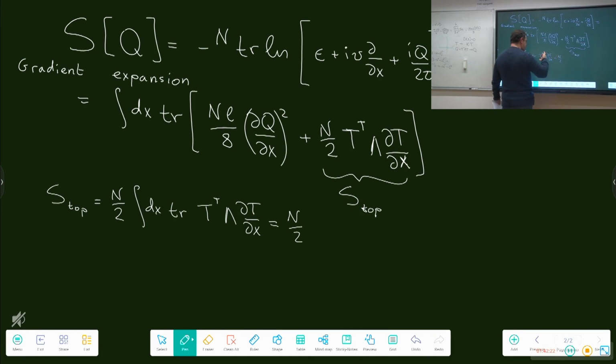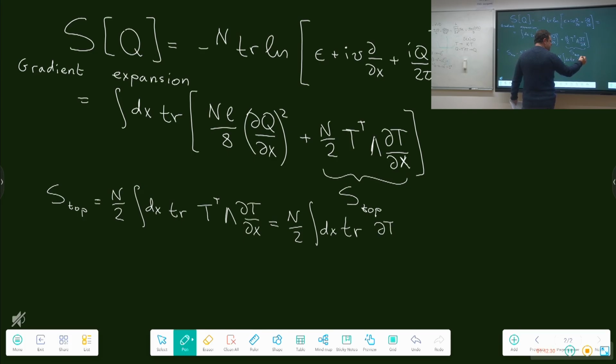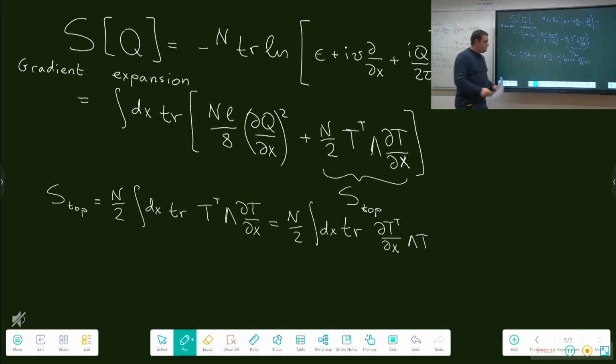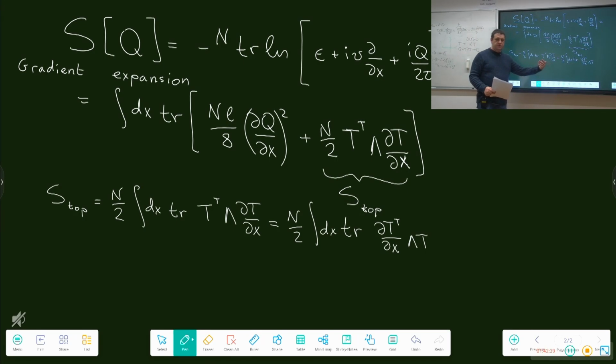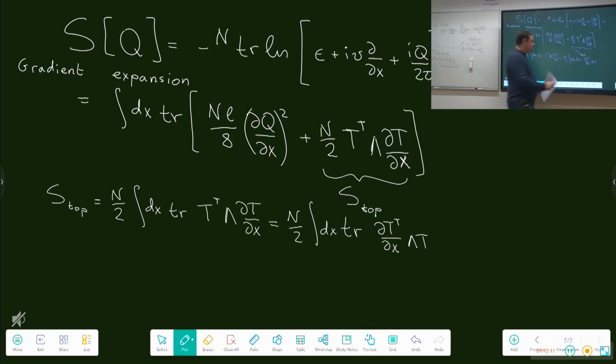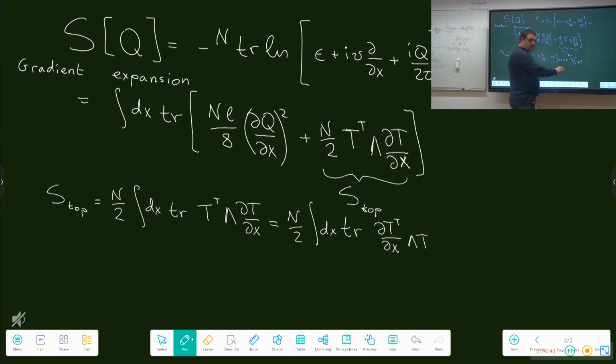I just take a transposition of this thing, integral dx, trace dt transposed by dx lambda t. When you transpose, you flip the order of matrices. And then I will apply partial integration, so I will take this derivative in x and shift it to the other term.